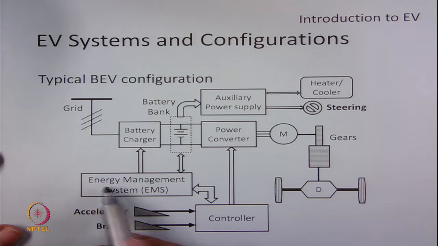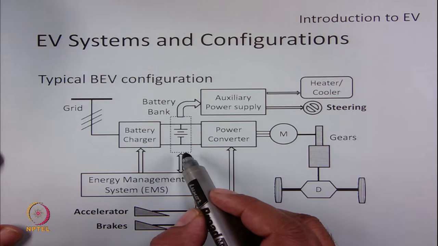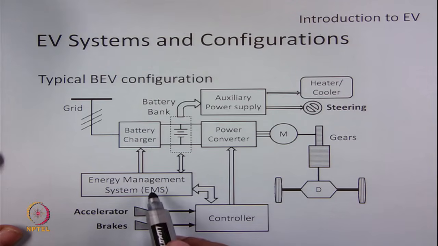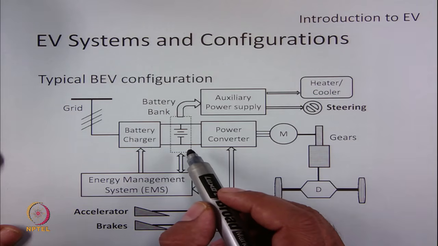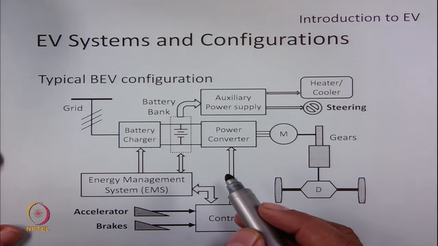There is another system which is known as the energy management system or EMS, which will take care of battery state of health and state of charge, etc. It measures these parameters in real time and gives this information to the controller in real time, such that if the battery capacity has gone down because of many discharges, it will tell the controller that even if there is a high acceleration demand, please limit it to such an extent that the required range which the driver wants to go can be obtained.